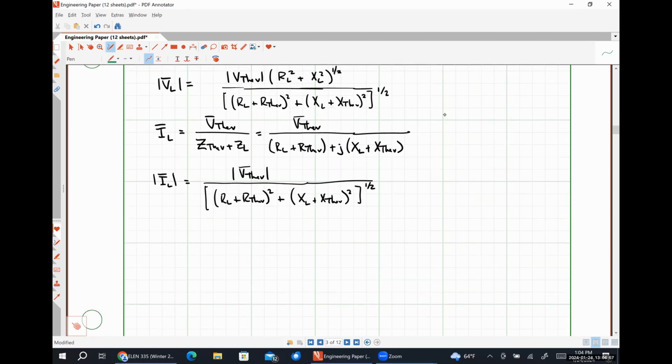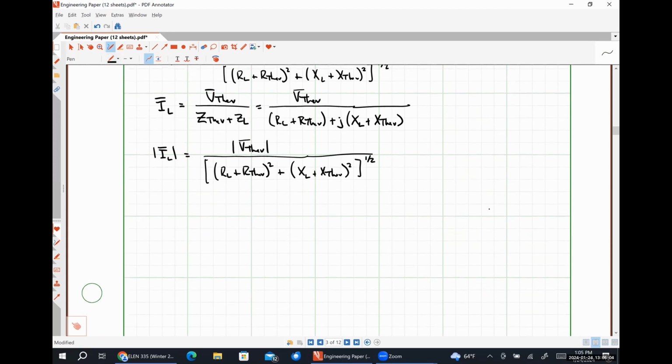So what we're going to do is I'm going to look at an impedance in the complex plane. So this is my real axis corresponding to R, and this is my imaginary axis that's corresponding to the X or the reactance, right?